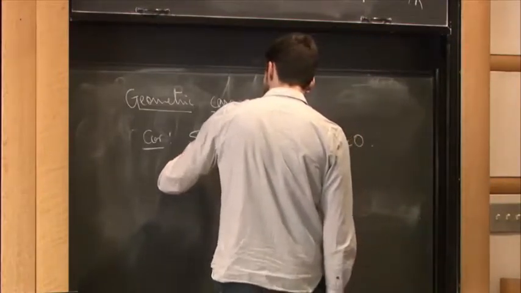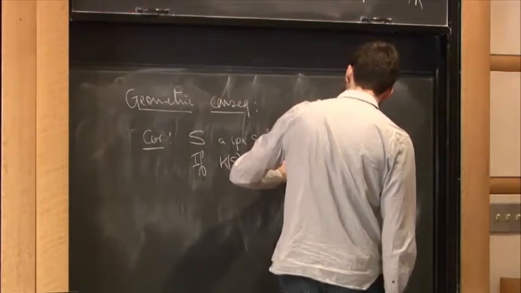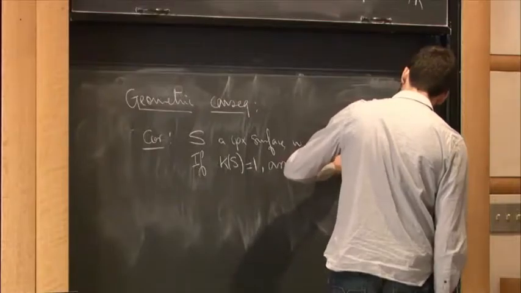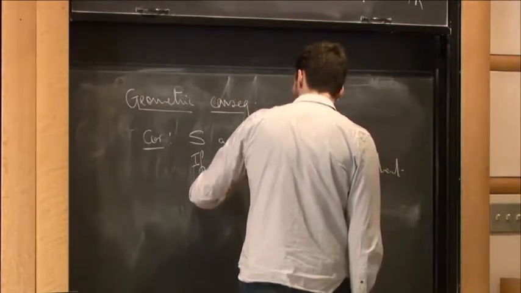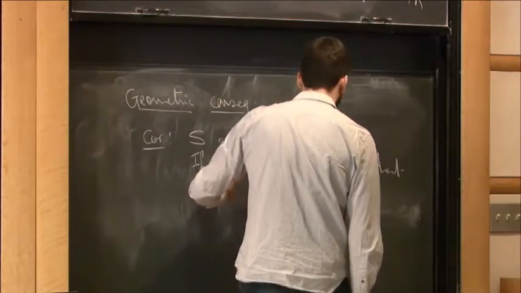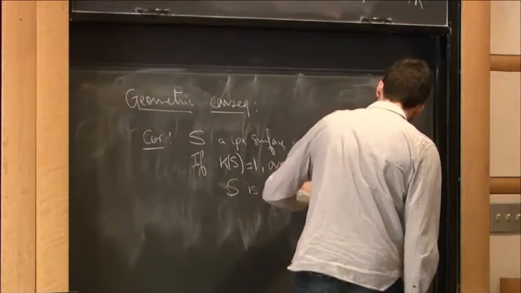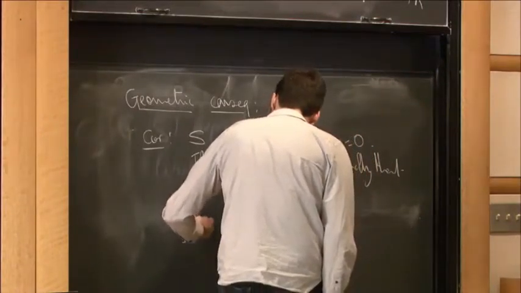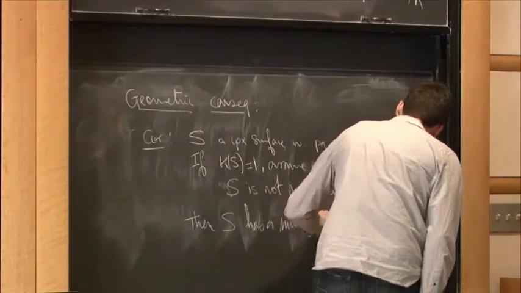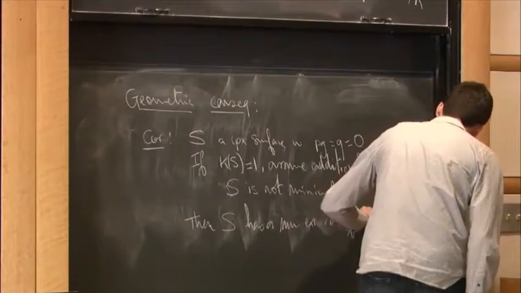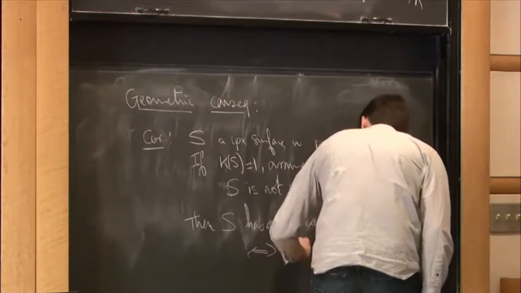And if the Kodaira dimension of S is 1, we assume additionally that S is not minimal. Then S has a numerically exceptional collection of maximal length if and only if S is not Enriques.